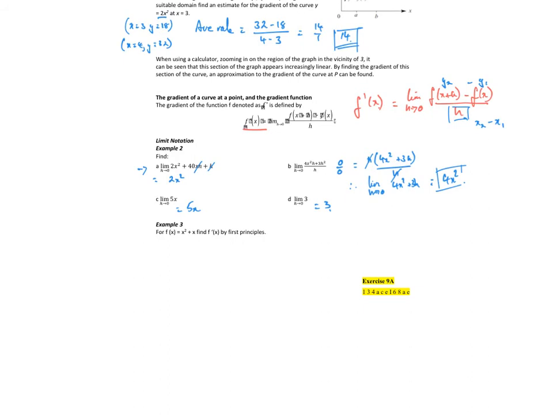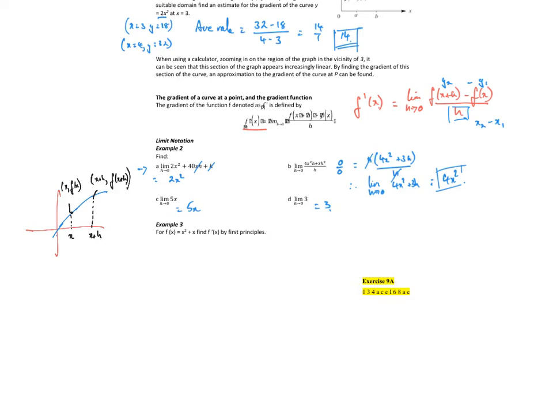If I've got my axis and we've got a gradient, all we're saying is if that's the x value, that's the x value plus a bit more. So my two values, that's x, that's f of x. That point there is x plus h, which means the y value is f of x plus h.